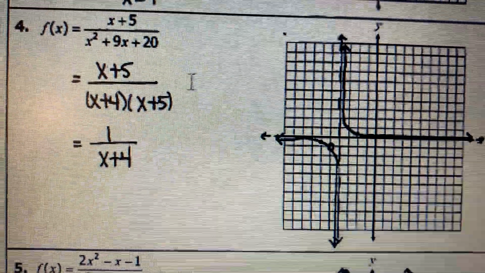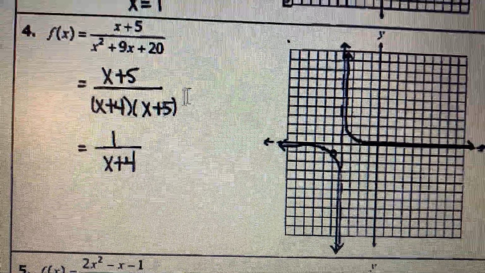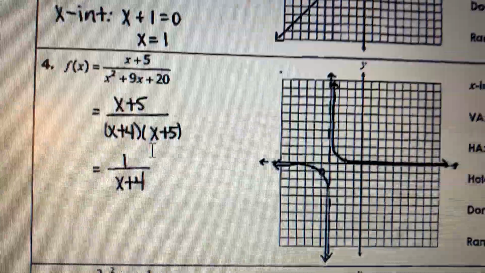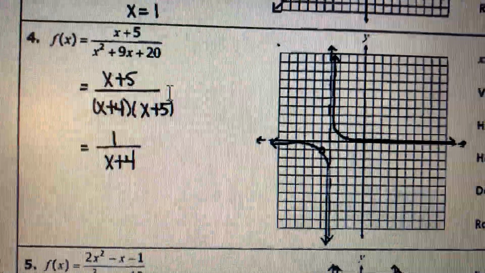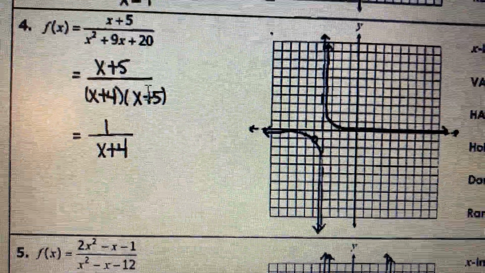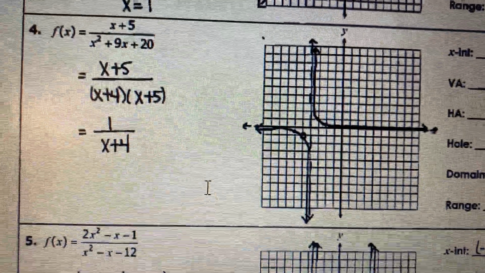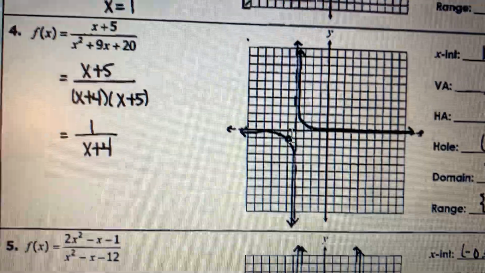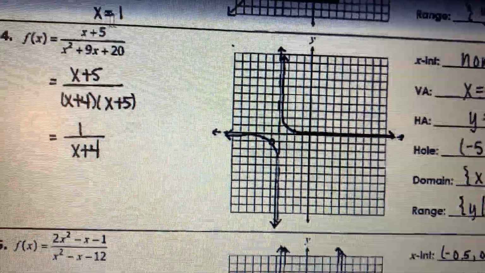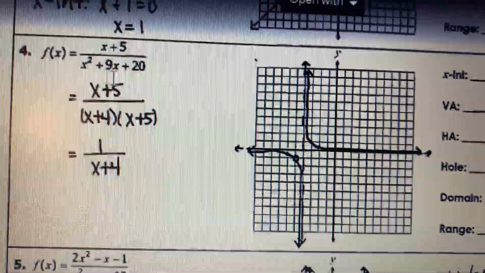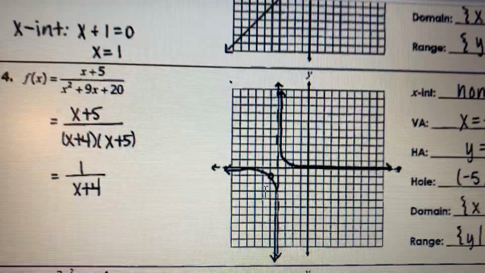Look, we canceled out a factor that we still need to consider the value that is not allowed. Does that make sense? And so since we canceled this value out, that is going to produce a hole where x equals negative 5. And so that's a hole on this graph. Now we would have to find the y value by plugging in negative 5 into the original and solving, but that's just a demonstration of what a hole is.